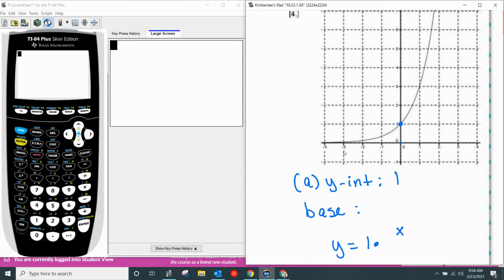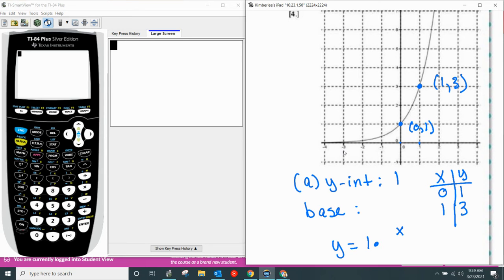I know I have this point right here, so this point is 0 for my x value, comma 1. What if I come up here and find another point? Now I'm at 1 for my x value, and I go up to 3. So I have 2 points. I could put those in a table: I have 0 and 1, and then I have 1 and 3.